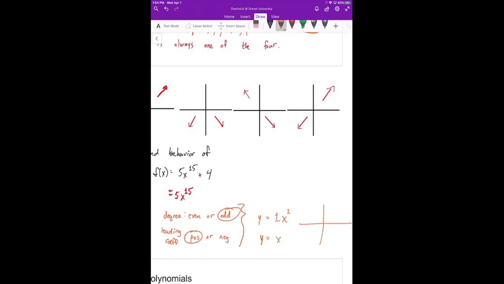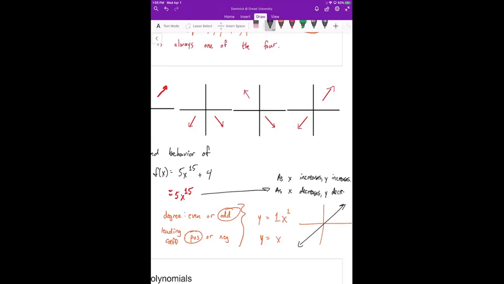Now, if you look at the graph of y equals x, it looks something like this. And as you move to the right, it goes up. As you move to the left, it goes down. So since that happens for this function, that must also happen for this. So what we could say is as x increases, y increases, and as x decreases, y also decreases.